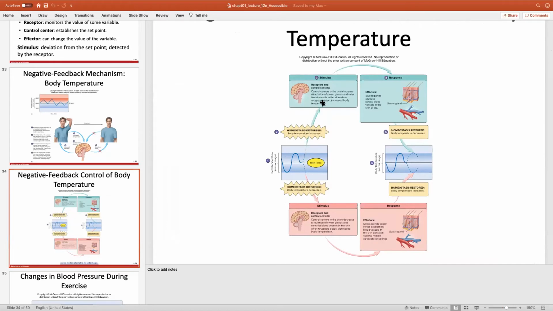Your brain sensors are going to activate, causing your blood vessels to dilate. Those blood vessels next to the skin dilate, and you activate sweat glands. The sweat glands allow you to release sweat out into the pores of your skin. And if it's hot, you'll start to evaporate that sweat, cooling off the skin.